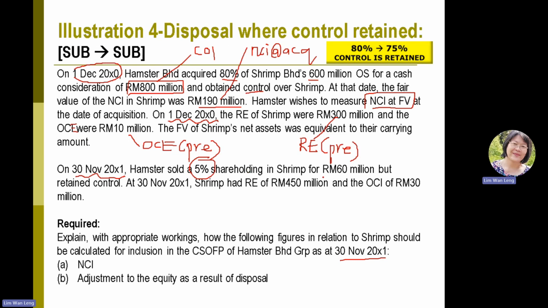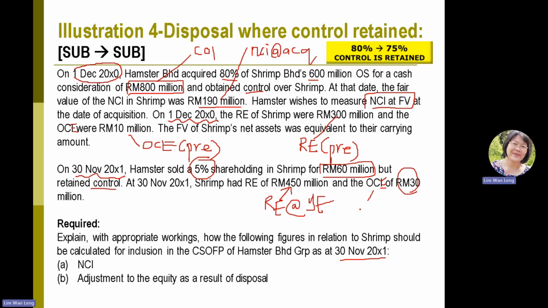So how much was the proceeds? 60 million. But retain control. So control is still maintained. On 30th November, Stream had RE at year end. Then the OCE at year end was 30.